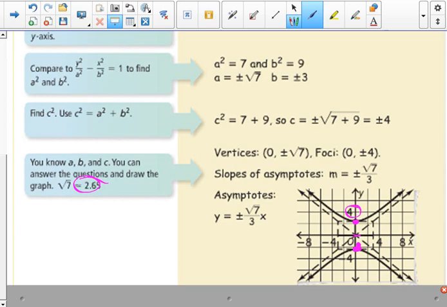Let me start that over. I'm messing up. All right, so these are all units of 2. So 3 would be there, and there's 4. So that's going to be 2.65, right? And then negative 2.65. There's your vertices.